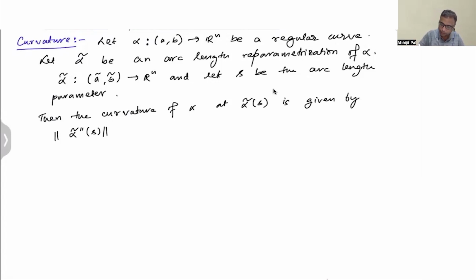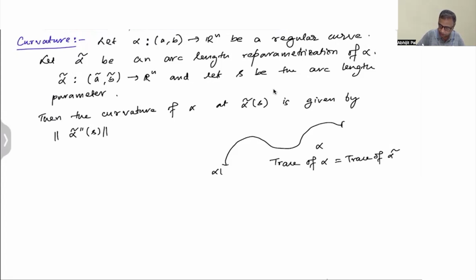Okay. So note that, suppose this is my curve alpha, and I have taken a unit speed reparameterization. So here I have taken the arc length reparameterization. So again, the image of alpha, or trace of alpha, is the same as the trace of alpha tilde.